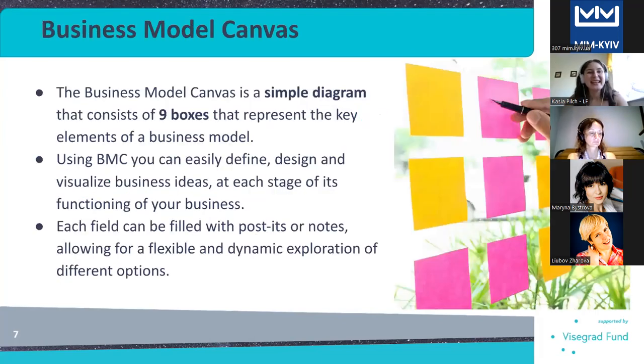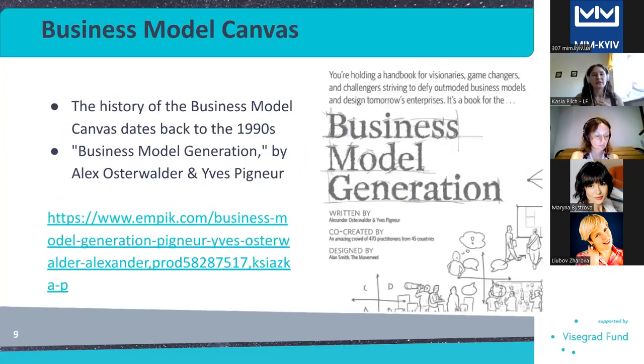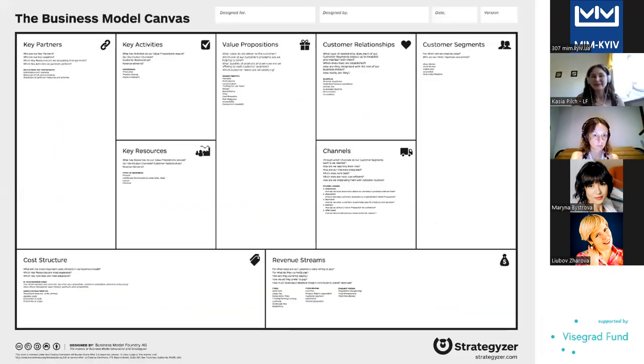And then the next thing I wanted to talk with you about is the Business Model Canvas. The Business Model Canvas is basically a simple diagram that consists of 9 boxes. I have a picture for you in here. So that's how it looks. It's very plain and simple, everything on one page in different boxes, and it describes different aspects of a business model.